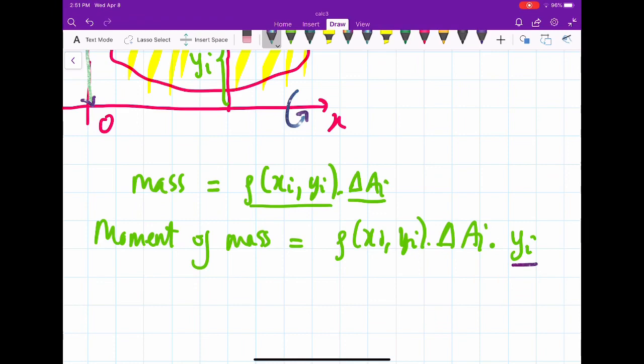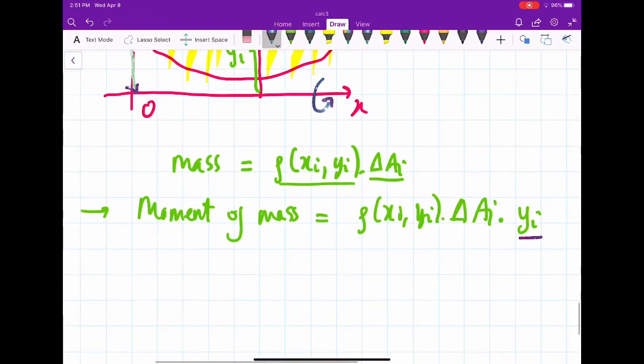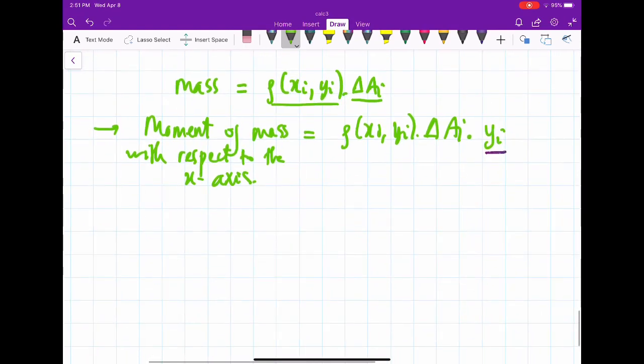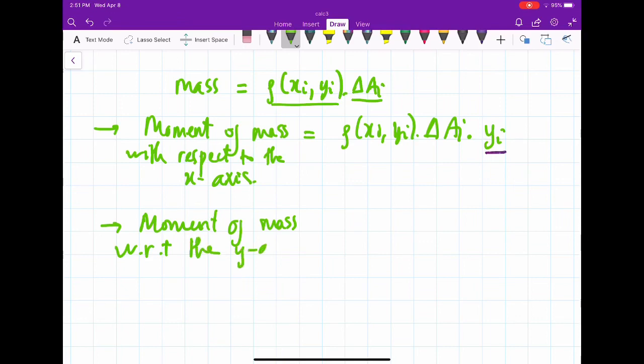Agreed? So I will write the moment of the mass with respect to the x-axis. Similarly, you can find the moment of mass with respect to the y-axis.